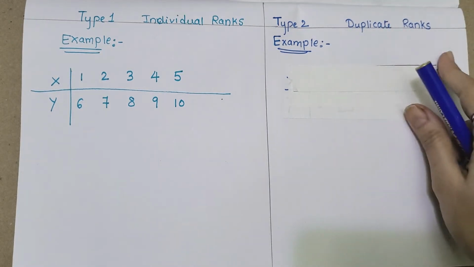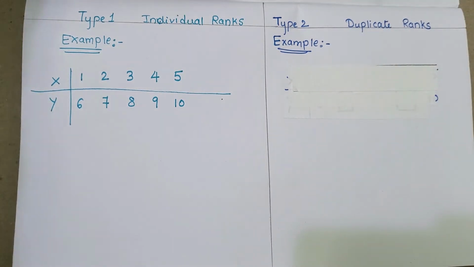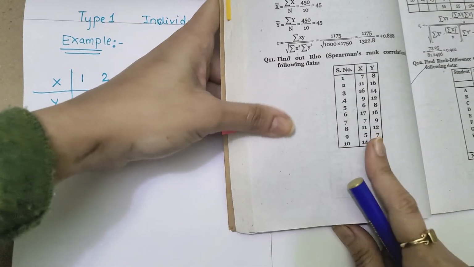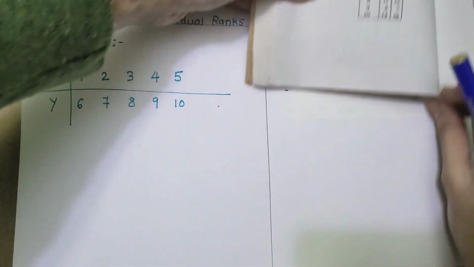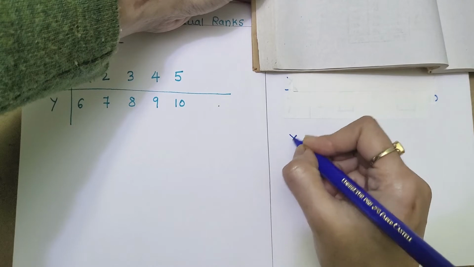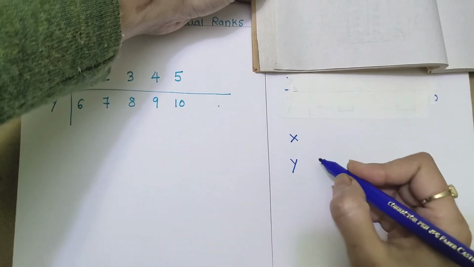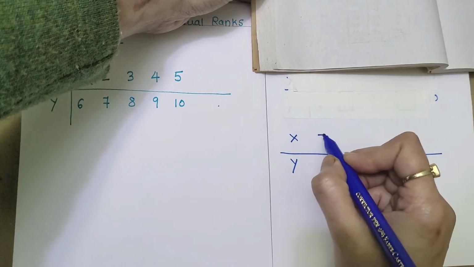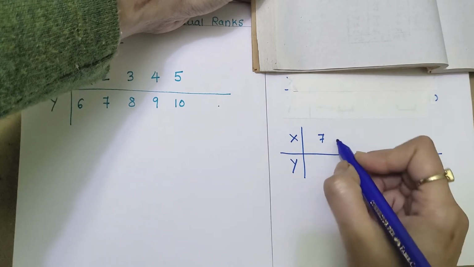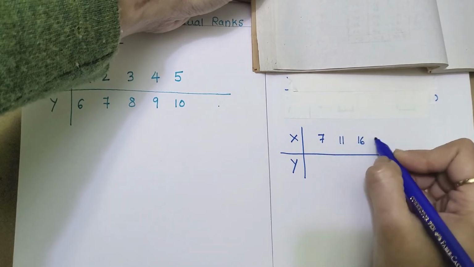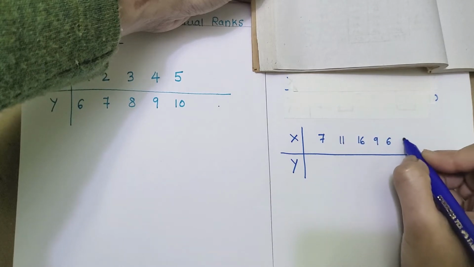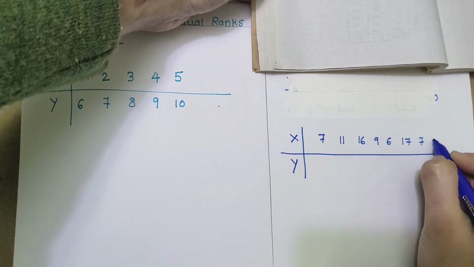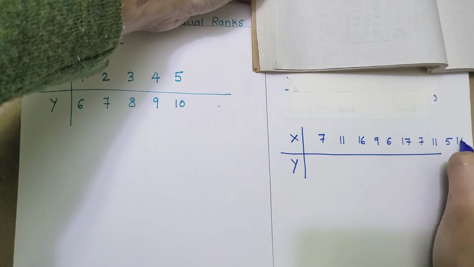For type 2, duplicate ranks, we have an example like this. You will see that x and y are given in such a way that x is 7, 11, 16, 9, 6, 17, 7, 11, 5 and 14.